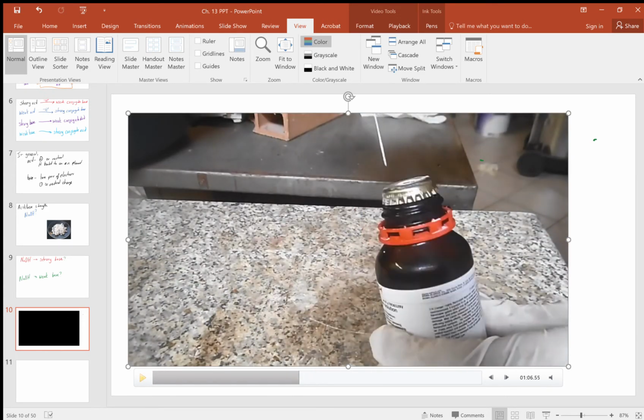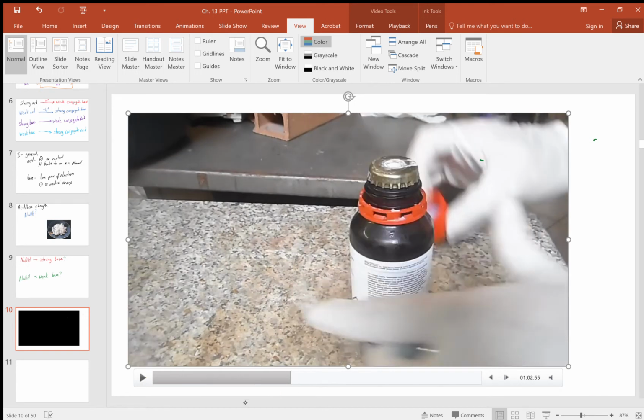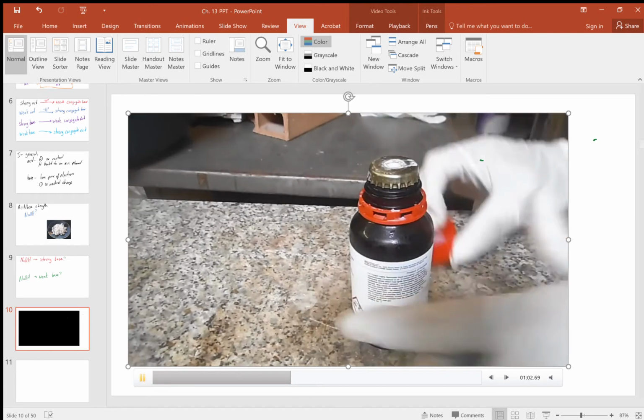But if you notice up at the top of the bottle, right where I've paused it, there's a septum there. In other words, this bottle is actually completely sealed. You can't let any air into it. Why not? Well, what happens if you expose this chemical to air? That's what we're going to see.